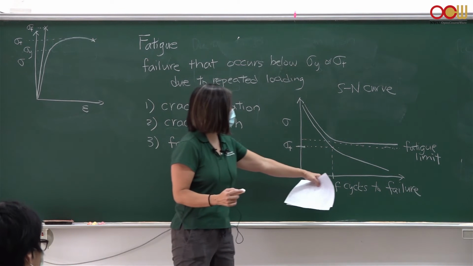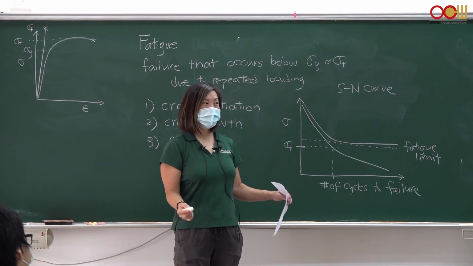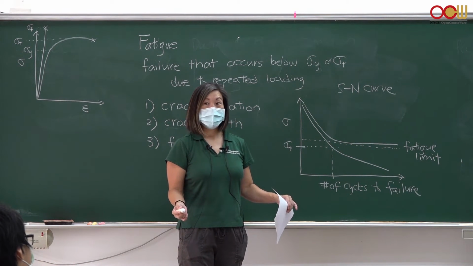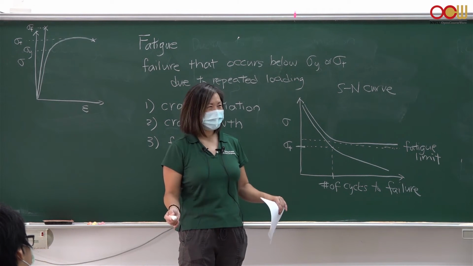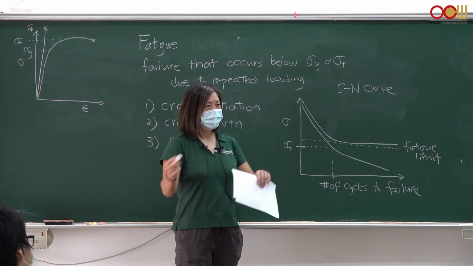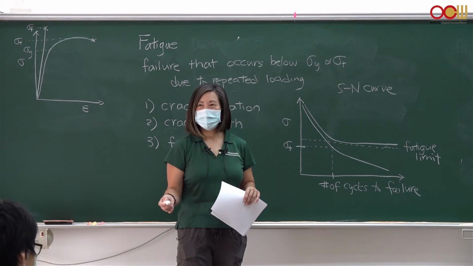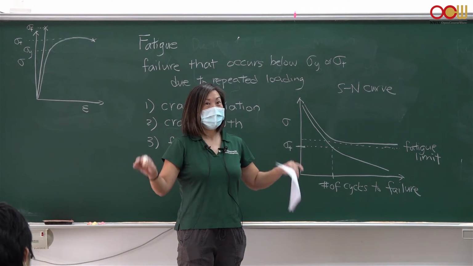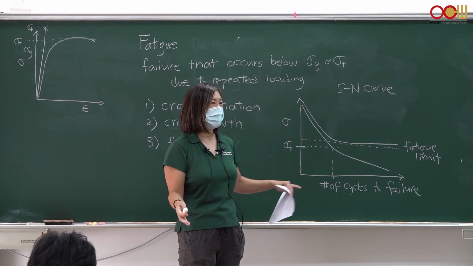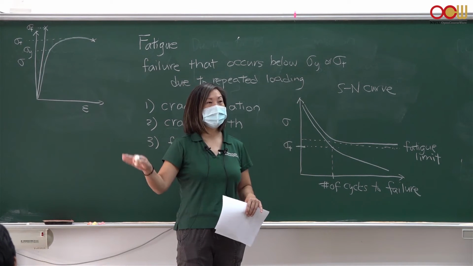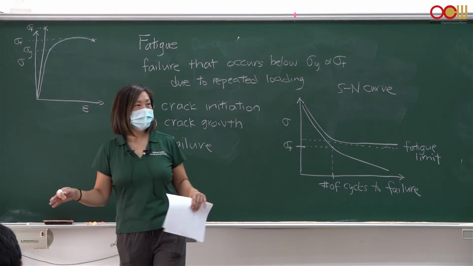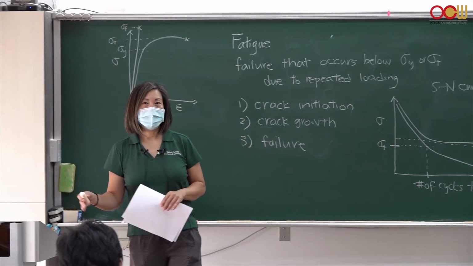So if this is 1,000 cycles, then you know your airplane wing probably should fly 500 cycles before you change your airplane. Sorry, not fly, but vibrate. Obviously it's going to be a lot more than 1,000 because the vibration is going to be millions of times on any given flight.